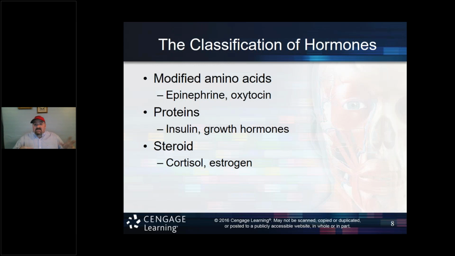Some of these hormones will actually enter into the cell and interact with the nucleus and interact in the cytoplasm of the cell with the receptors. Other hormones will interact more on the plasma membrane. There are receptors that work as a result of what's called a G protein mechanism, where they interact outside of the cell with these receptors and then cause change within the cell. Okay, so think in terms of water soluble hormones and such.